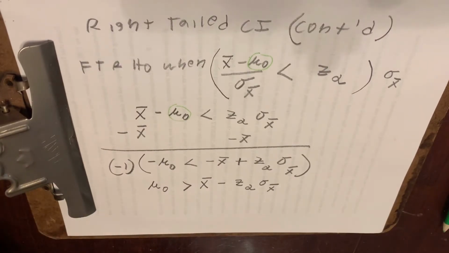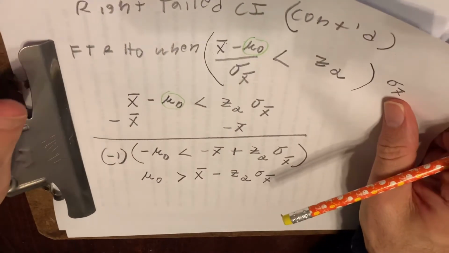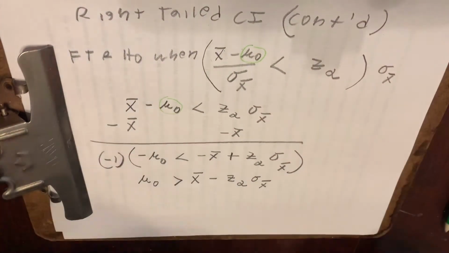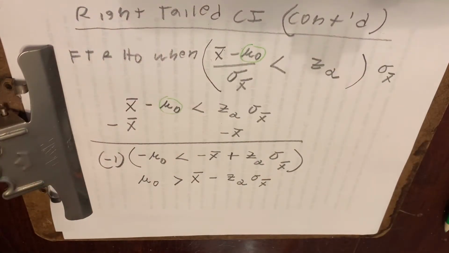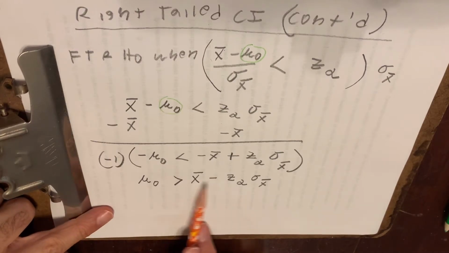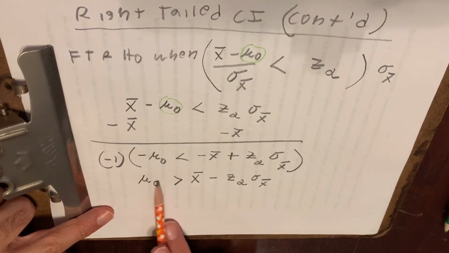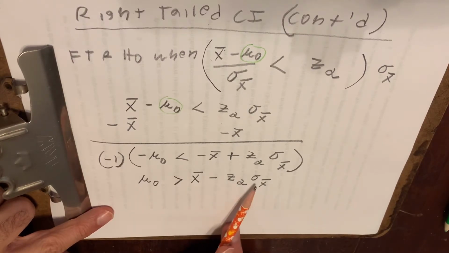Now, how do we write this in interval notation, which is the way that most math professors would want you to write this? This is saying that all the mu naughts that result in us failing to reject the null are greater than this value.